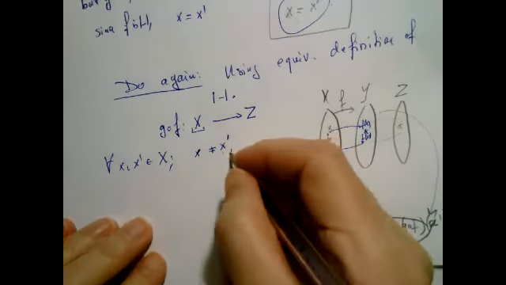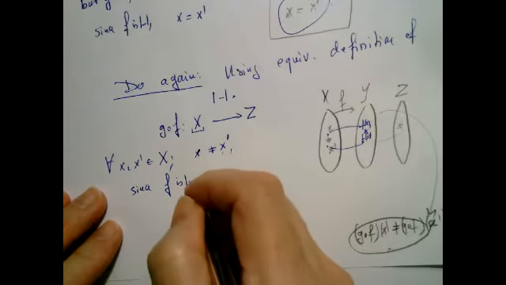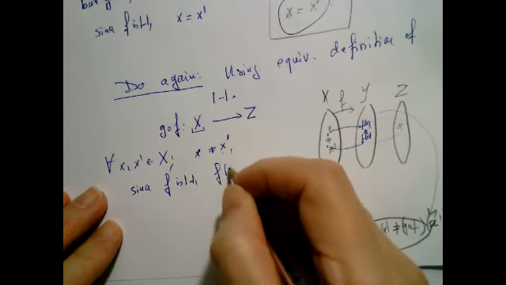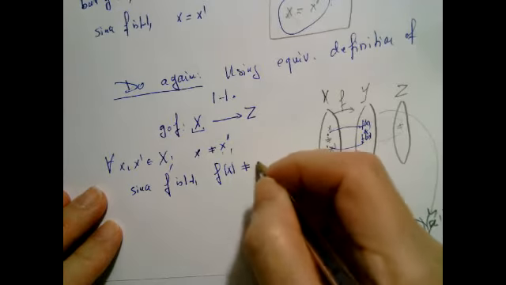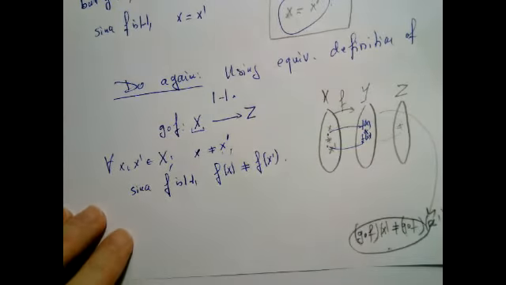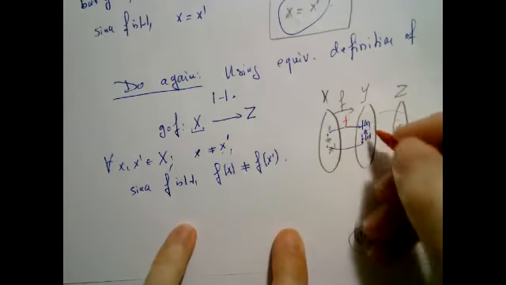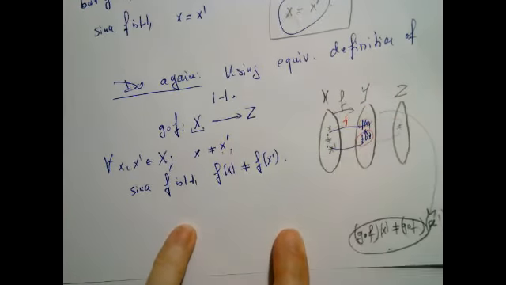Since F is one-to-one, it's crucial, I need it. It means the output under F has to be different from each other. Okay, keep going. I use the fact that F is one-to-one. It guarantees that F of X and F of X prime are different.